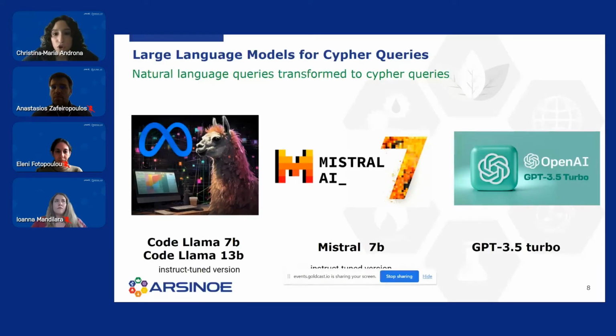So in order to do so, we tried, apart from the GPT 3.5 model from OpenAI, some open source models, such as the Code Llama with 7 billion parameters and 13 billion parameters, and also the Mistral model with 7 billion parameters. And all of them are instruct-tuned version.